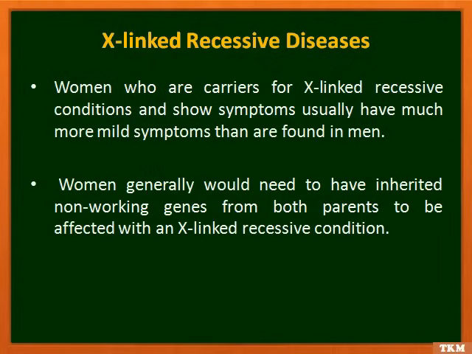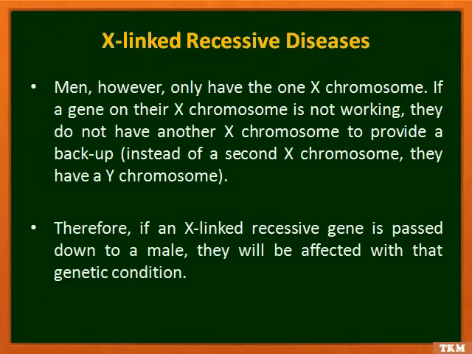Women who are carriers for X-linked recessive condition and show symptoms usually have much milder symptoms than are found in men. Women generally would need to have inherited non-working genes from both the parents affected with X-linked recessive condition. Men, however, only have one X chromosome.